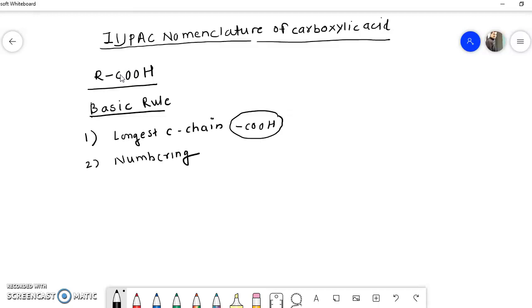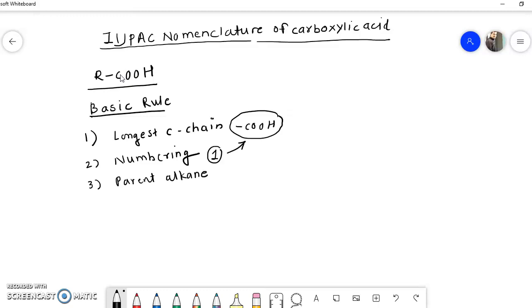While numbering, we have to give the first number to the carbon of the acid group. Then we'll get the name of the parent alkane.